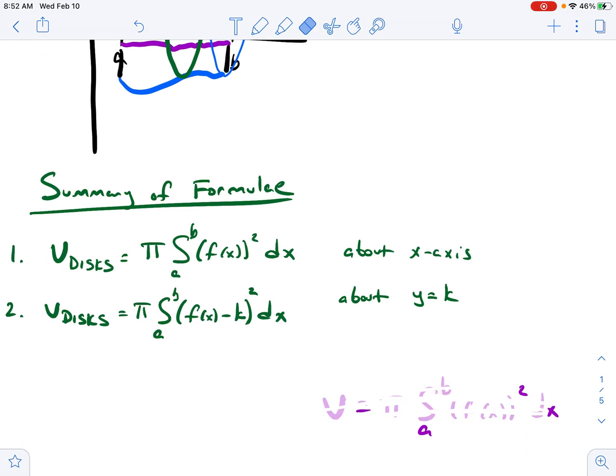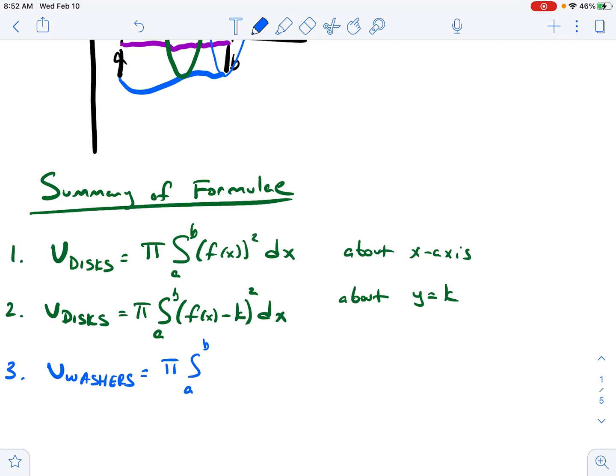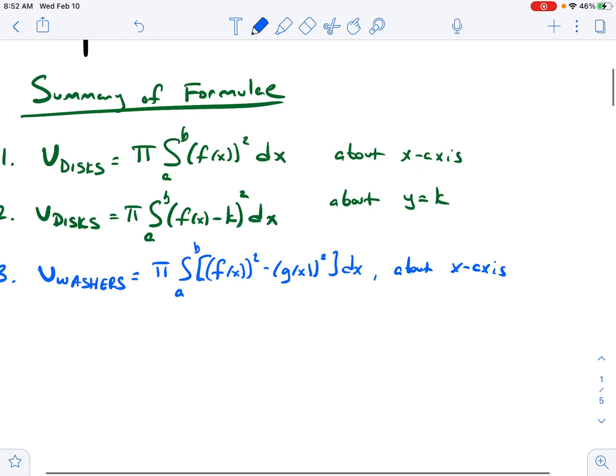And then for washers, it was the difference between the two. So again, the basic form looks like this. This is about the x-axis when we rotate about the x-axis.